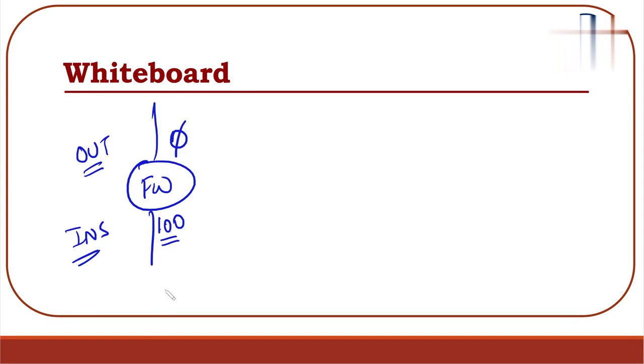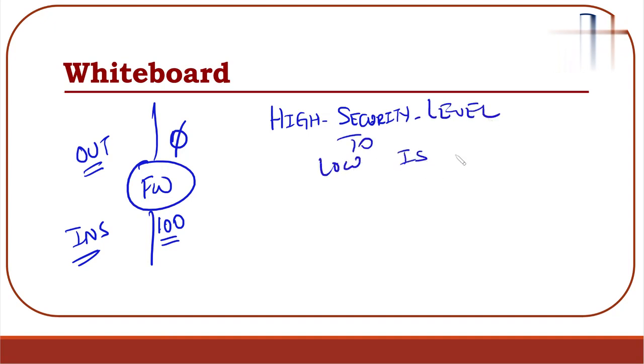But now what traffic will be allowed to go through the firewall by default? By default, all traffic going from a high security level interface to low is allowed.